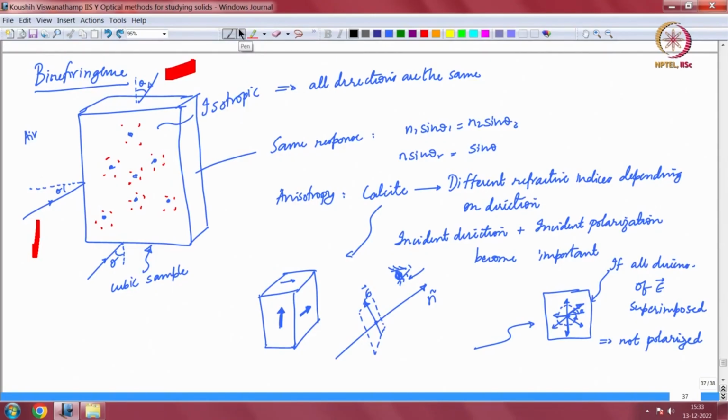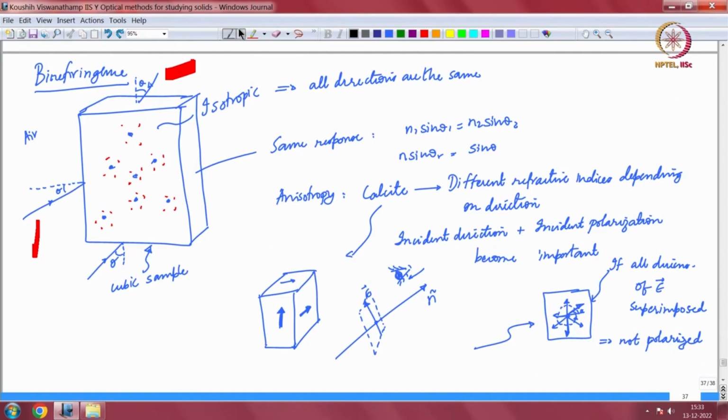It is going to see the same structure locally, the same types of atoms, the same type of electrons near the atoms, and so it is going to result in the same types of bending or deflection.